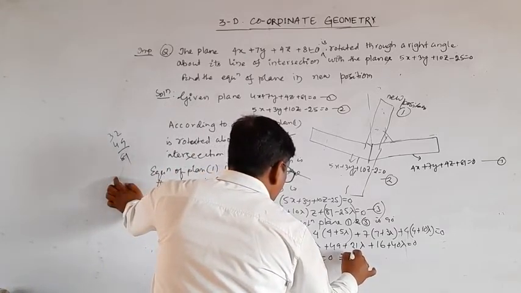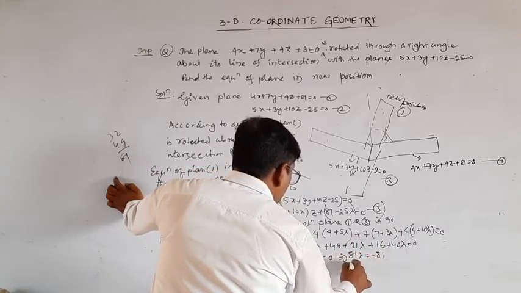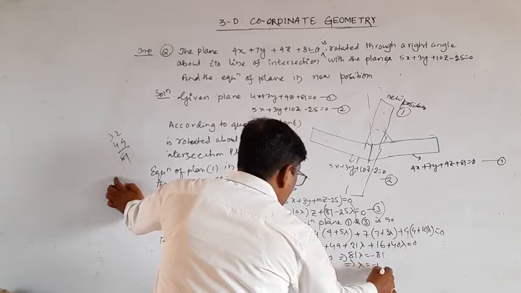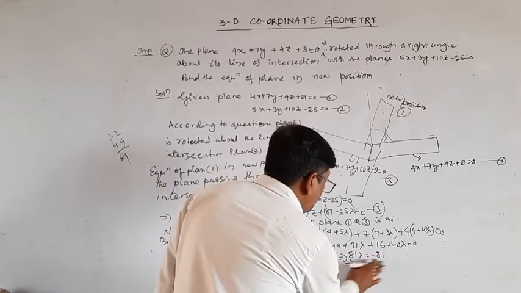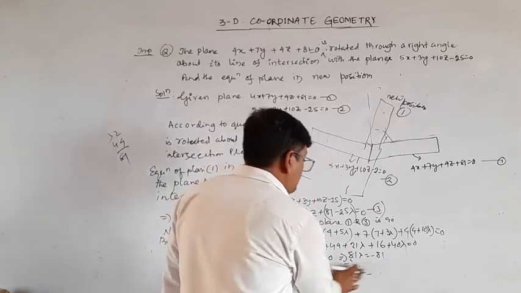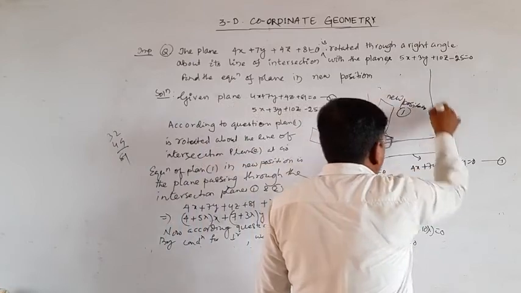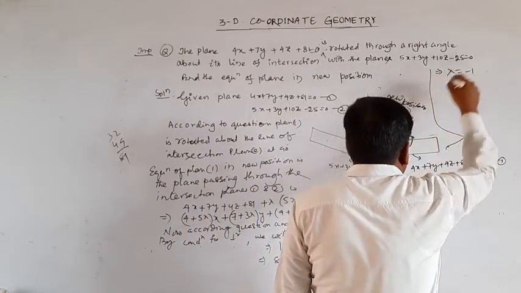So 81 lambda is equal to minus 81. So lambda is equal to minus 1.